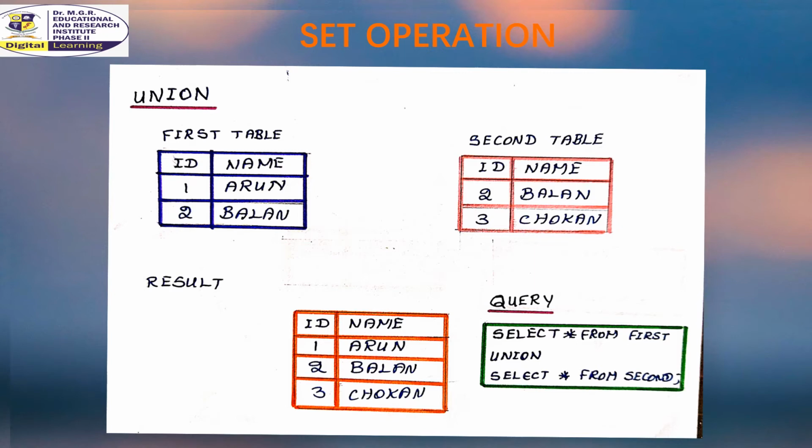In our example, 2 Balan is present in the first table. At the same time, the second table also has 2 Balan. So by using the union operation, we can eliminate the duplicate rows or duplicate records.